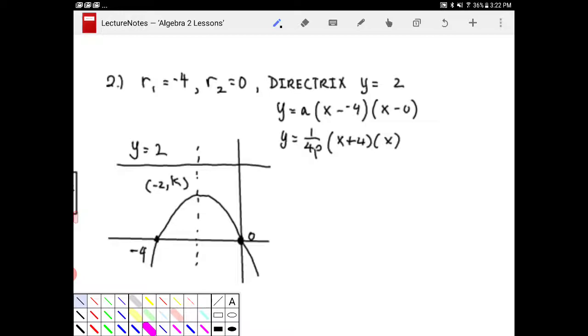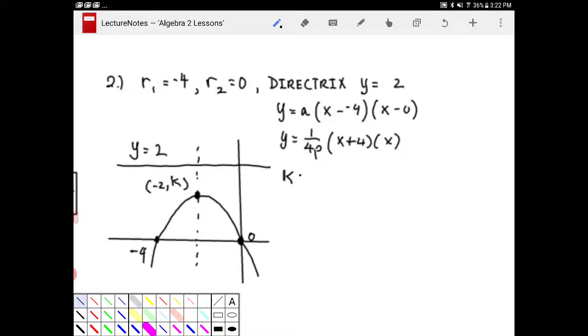And I don't know what k is, right? k being the y-coordinate of the vertex. I don't know what that is. But I do know, okay, if I substitute in -2 into this equation here, what would happen? I'll end up with the y-coordinate k. So that's what I'm going to do. I want to set that equal to k.